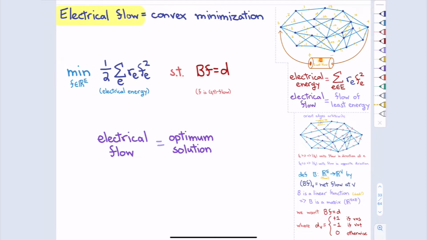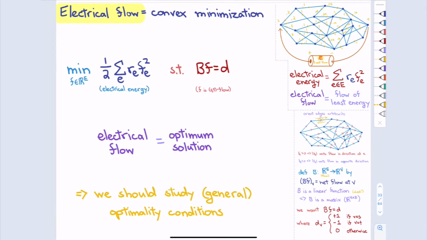So instead of thinking in terms of electricity and electrical flow, we're going to take a step back and say, this is some relatively simple convex minimization problem. And that alone should already give us some structure. So what we're going to do is study some general optimality conditions for systems that look like this, minimizing something subject to linear equations, and then we'll figure out what it means for electrical networks.